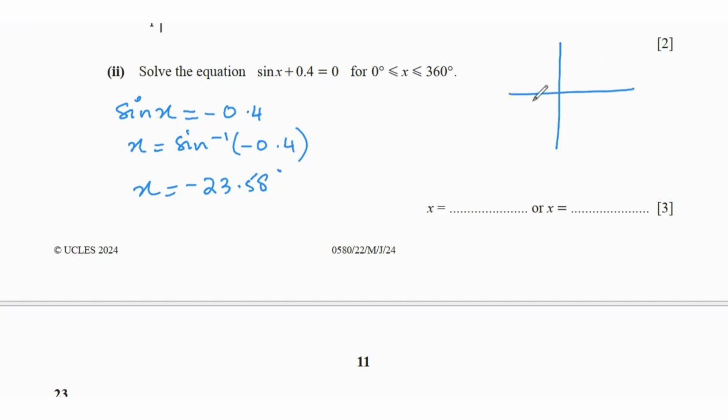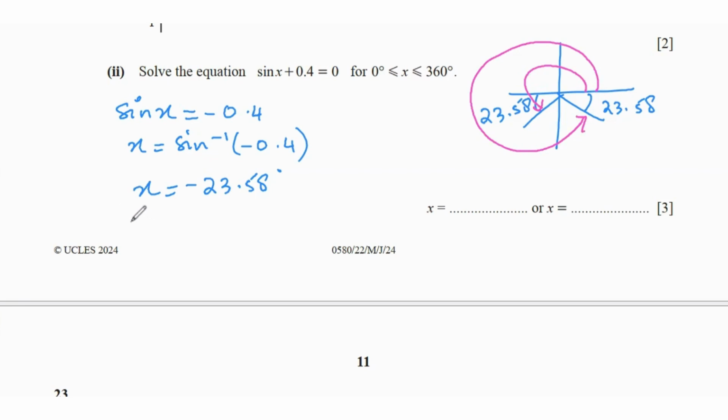Now remember, sine is negative in the third and the fourth quadrant. So this is where -23.58 will come. Since we're talking about the values from 0 to 360, the first value is going to be this one, starting anticlockwise from 0 towards the angle. And the second value is going to be over here.